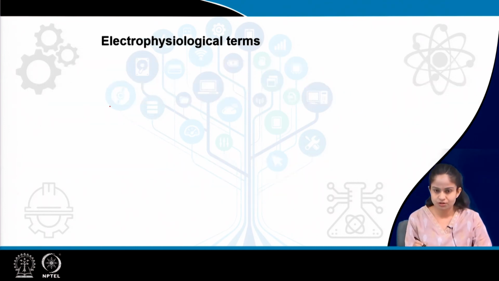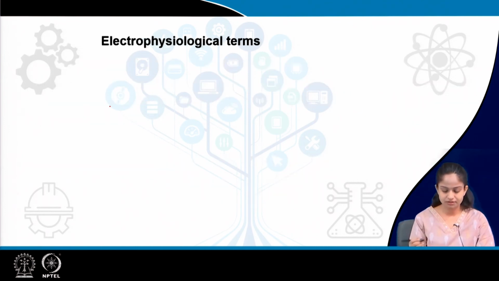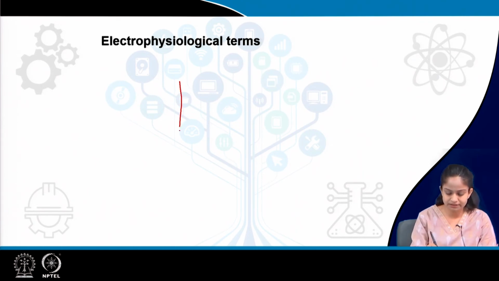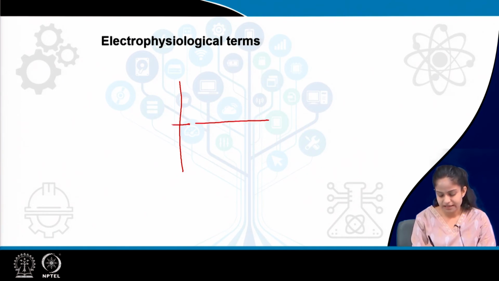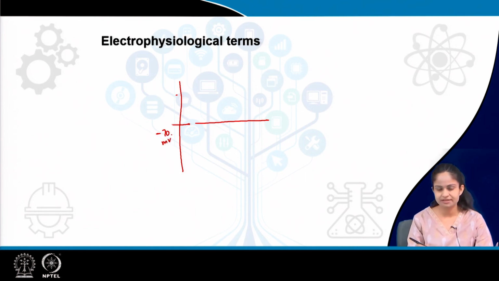So, a few electrophysiological terms after this are very important. The first thing is, suppose this is the axis we are drawing, and here suppose this is -70 millivolt. As I told you, the resting membrane potential is usually close to that of potassium ions.